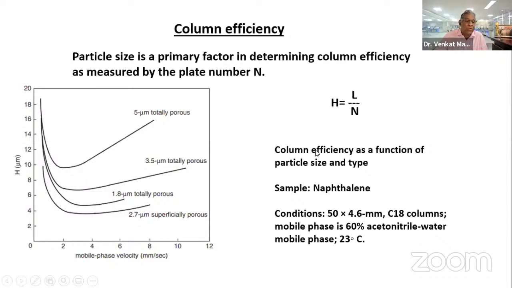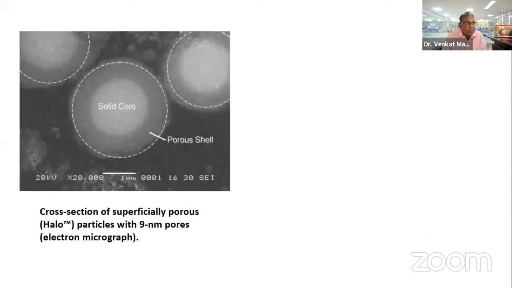H becomes very small. With lower values of H at larger velocity, you can see the 2.7 micrometer superficially porous particle gives a better result compared to all other particles. This is a cross section of a Halo particle of 90 nanometer pores, from an electron micrograph.